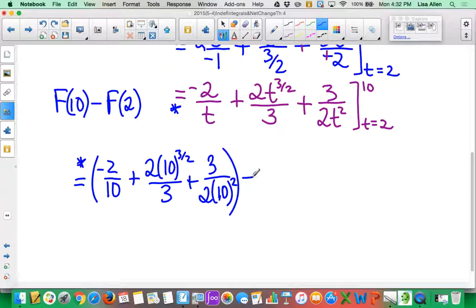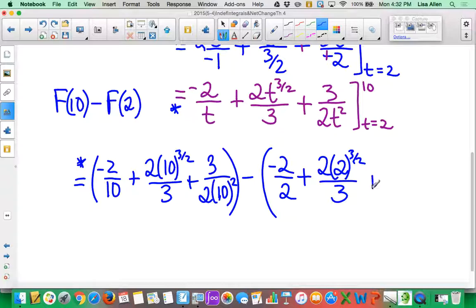And then we're going to subtract the evaluation at 2, so we have negative 2 over 2, plus 2 times 2 to the 3/2 over 3, plus 3 over 2 times 2 squared.